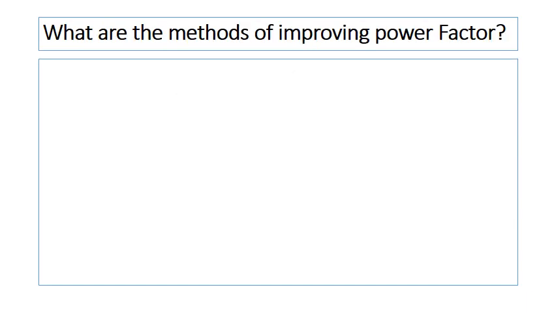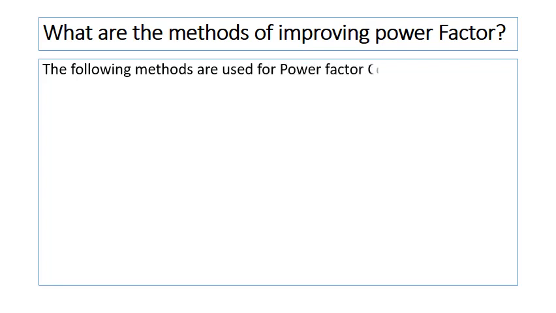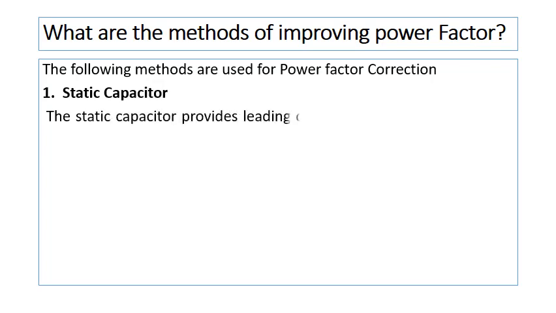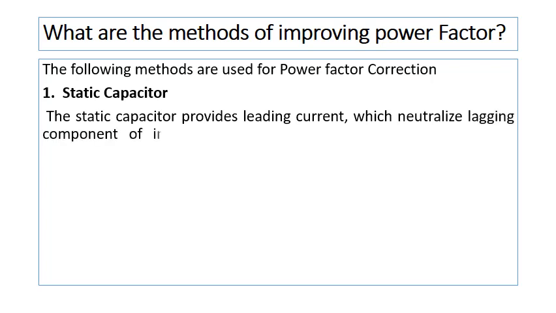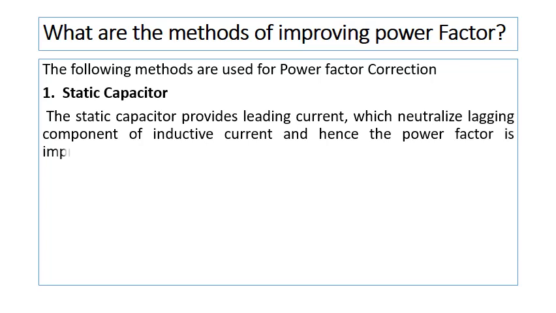What are the methods of improving power factor? The following methods are used for power factor improvement. Number 1. Static capacitor. The static capacitor provides the leading current, which neutralizes the lagging component of inductive current and hence the power factor is improved.